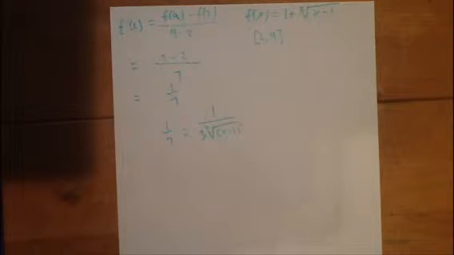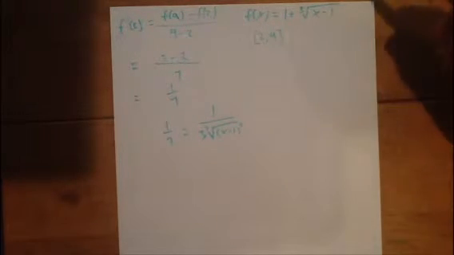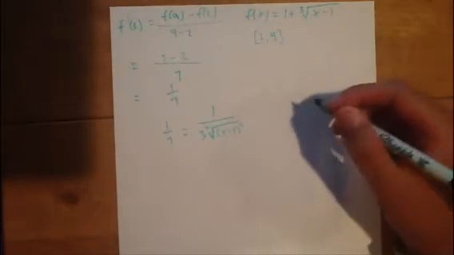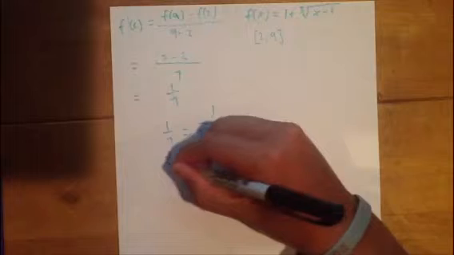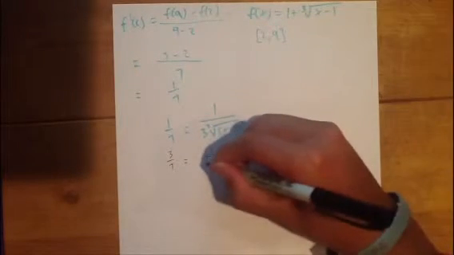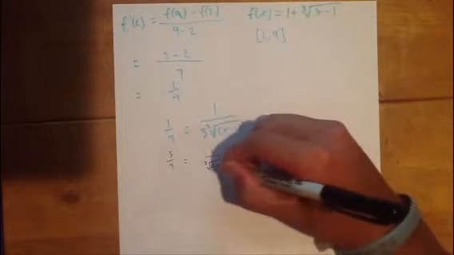So we're going to solve for x here. It does look like a doozy, but it's always good to practice your algebra. To find x, I'm going to multiply both sides by 3, so we get 3/7 equals 1 over the cube root of x minus 1 squared.